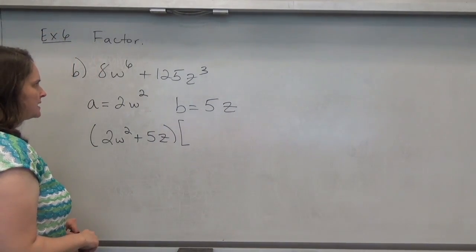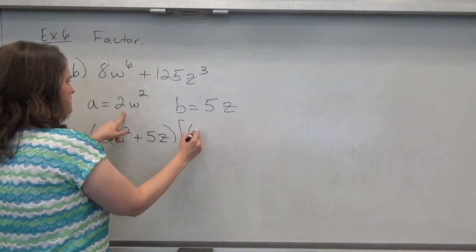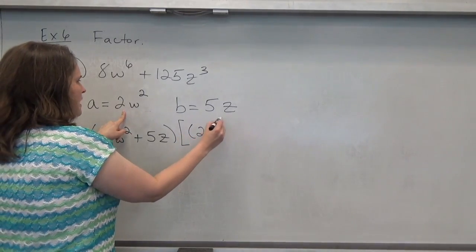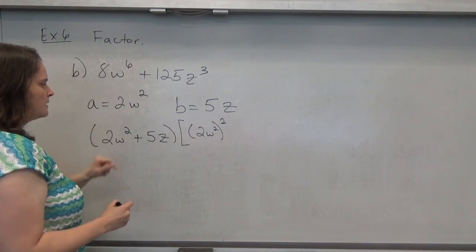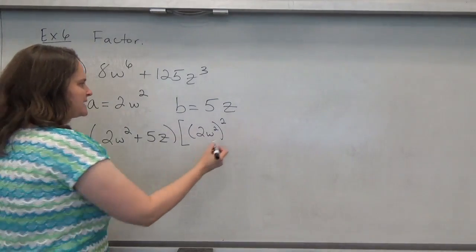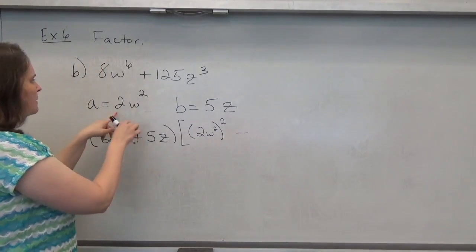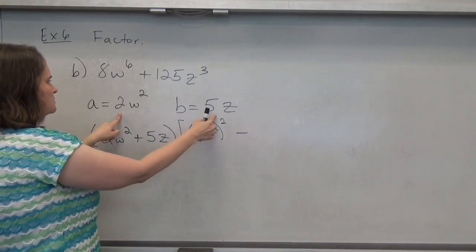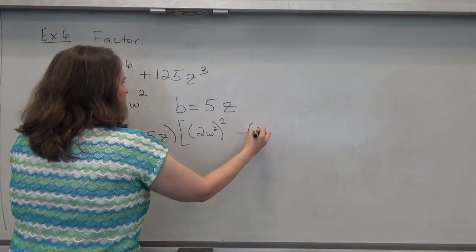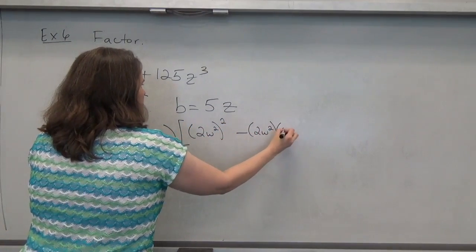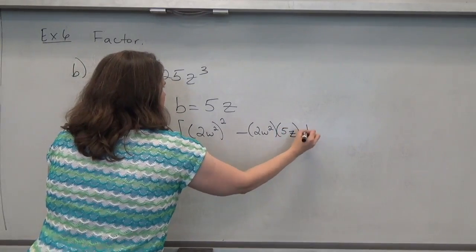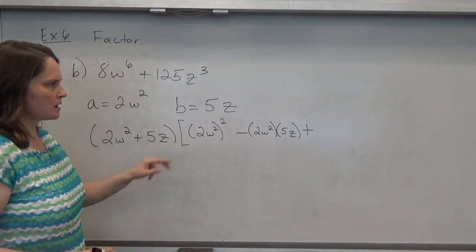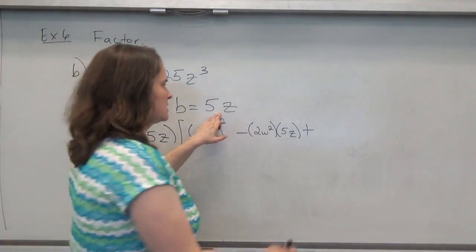So I'm going to do a squared, so that's going to be 2w squared, and then I have to square that. The formula tells me to subtract a times b, so I'm going to do 2w squared times 5z. Plus, and then b squared, which is I'm going to square 5z.